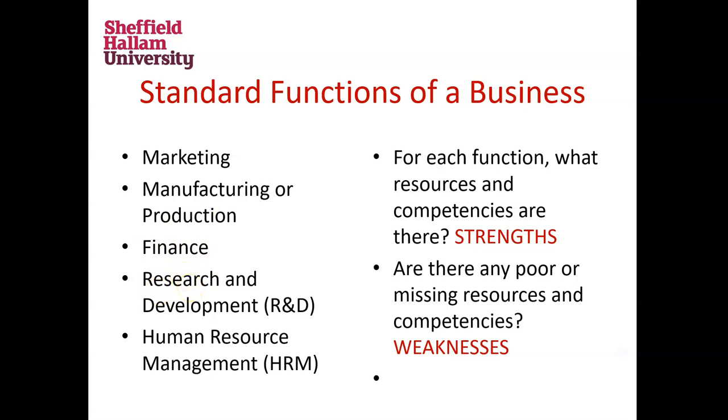So research and development is where new products are designed and developed, and where technology and customer insight is used to develop these. And then we have human resource management. And the process is really quite simple.